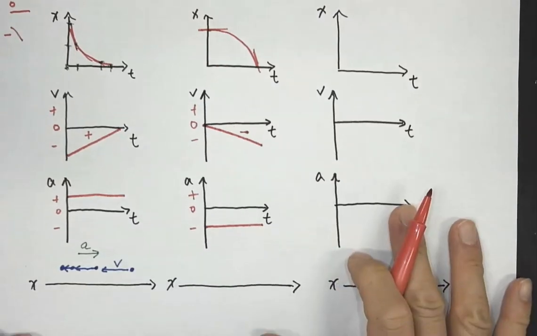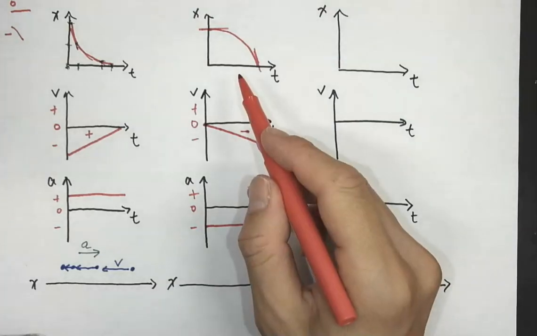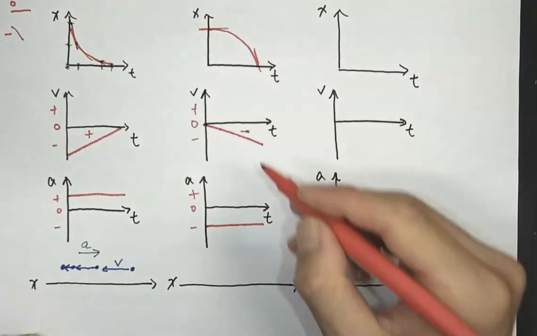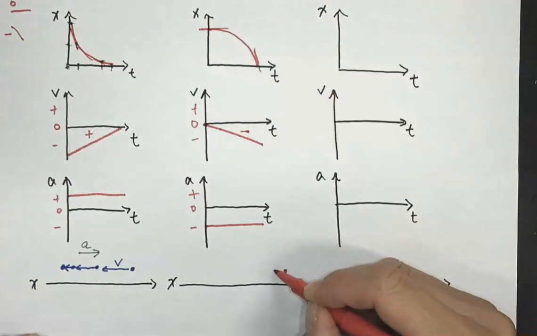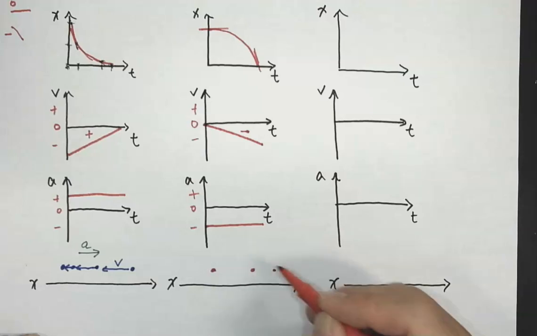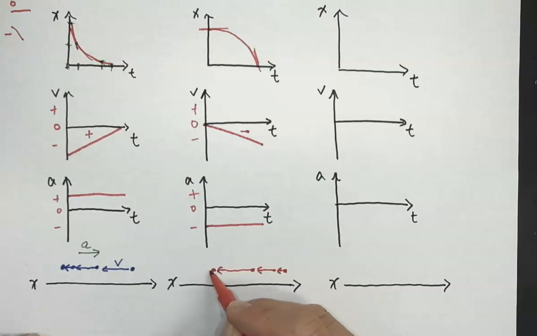Okay, so on a motion map, what does that mean? So what that means is that this object is moving, first of all, in the negative direction. So I'm going to start over here, but it's speeding up. Okay, so the dots are getting further and further apart. The arrows are getting longer and longer.